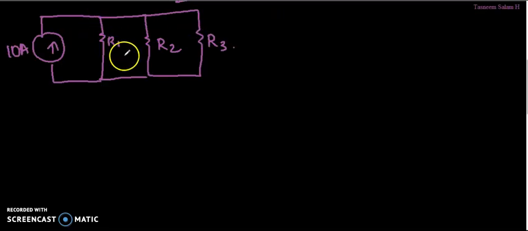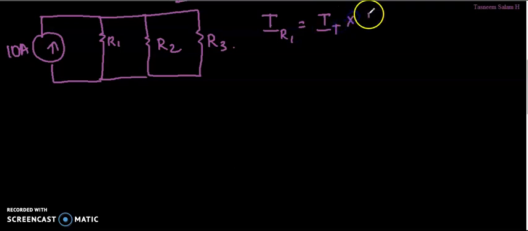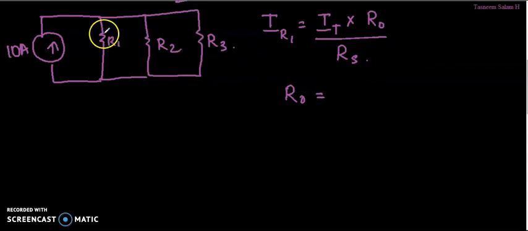We'll see an example with 3 resistors in parallel. For such a circuit, we can find the current across each resistor by total current into resistance of the other branch divided by sum of the resistances. Here in this case, the resistance of the other branch R0 is equal to, this is the branch through which we have to find the current.